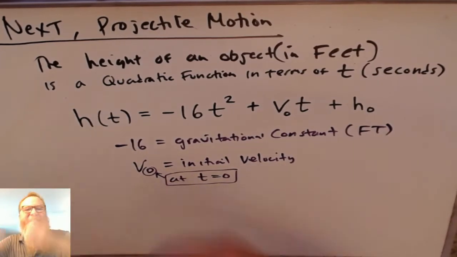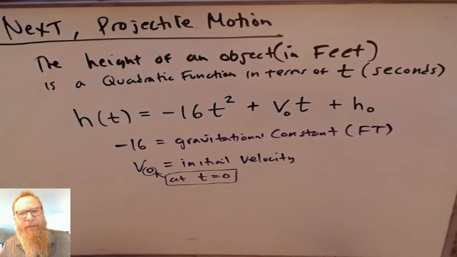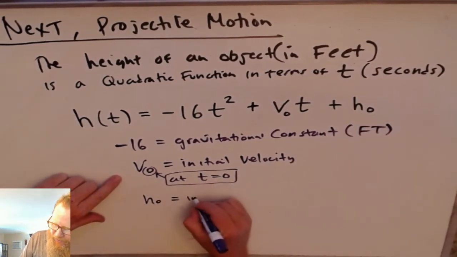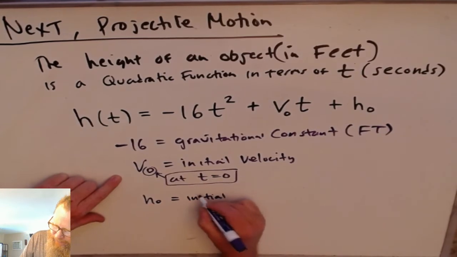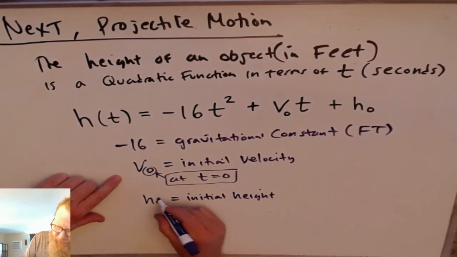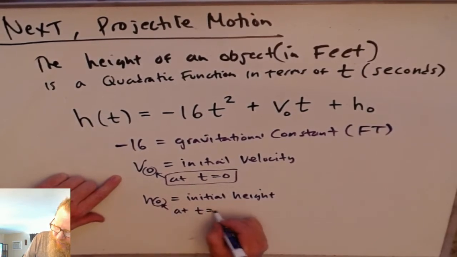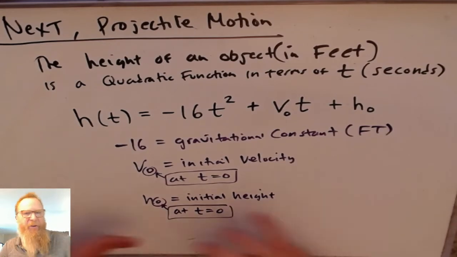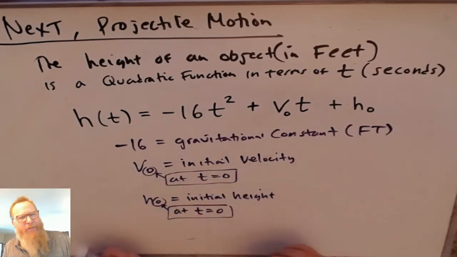That's how fast it's initially going. And then h0 is the initial height. And again, the subscript just means at t equals 0. In other words, blast off or launch or whatever it happens to be.